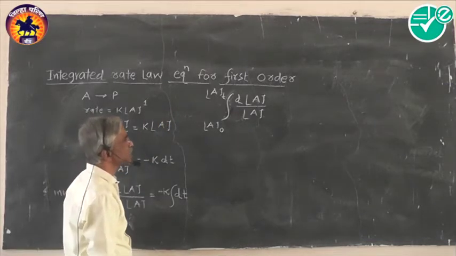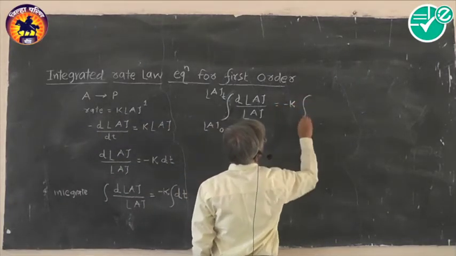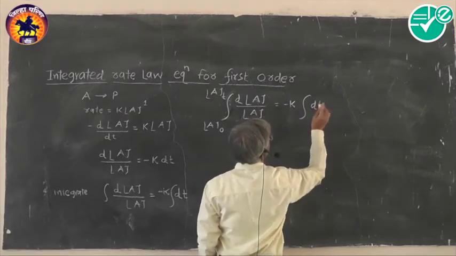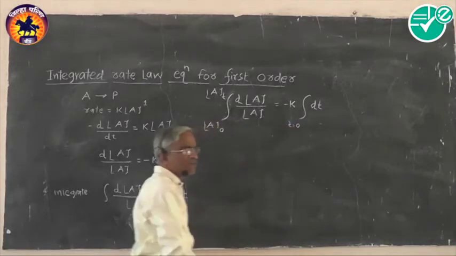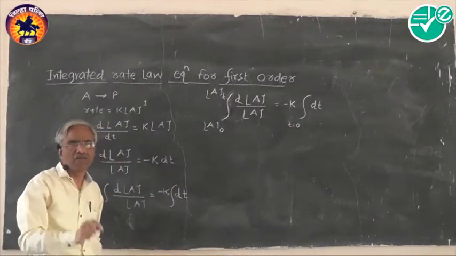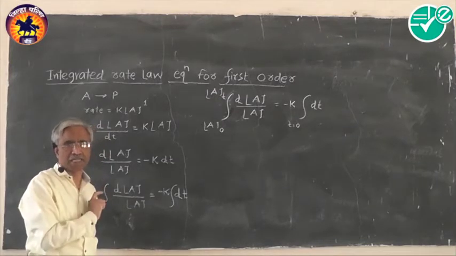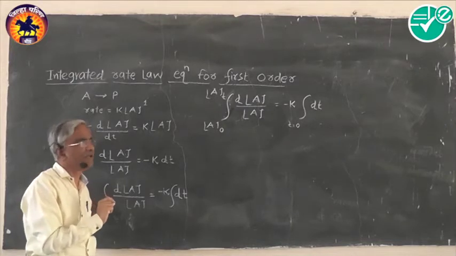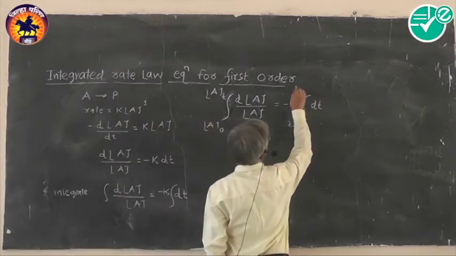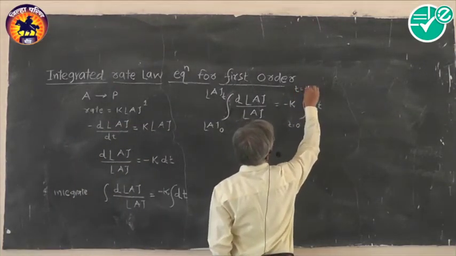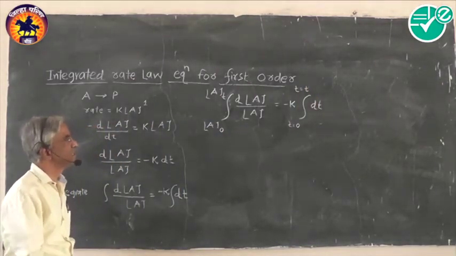A0 is the initial concentration, and this is equal to minus K integration of dt. Now this time will be equal to 0 at the time when we have started the reaction. When we start the reaction, we start the stopwatch, if you have done the experiment in practicals. Now we want to study at a certain time t equal to t seconds, and therefore we are putting the limits of the equation.